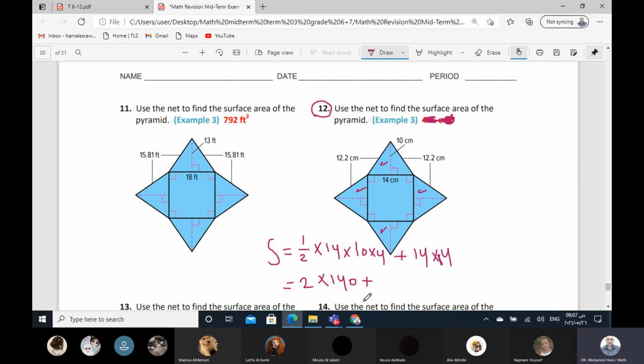The answer will be 196. Now here we have 2 times 140 will be 280 plus 196.